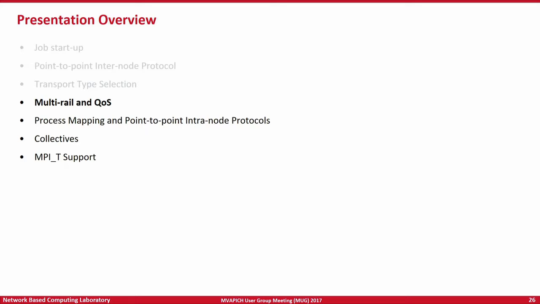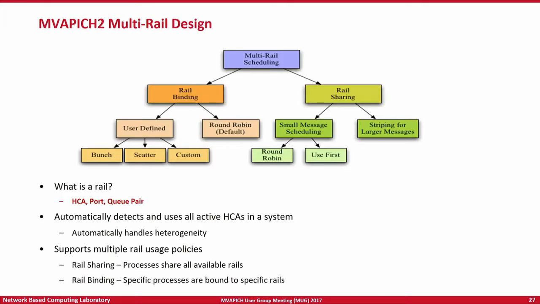And we have different ways in which we can map the processes onto the rails. We can either have them use the HCAs in a bunch fashion, or in a round robin fashion, or under rail sharing, use a round robin fashion for small messages and striping for large messages. So there are a lot of options that MVAPICH2 has to stripe your data across multiple HCAs, or basically use multiple HCAs on the system.